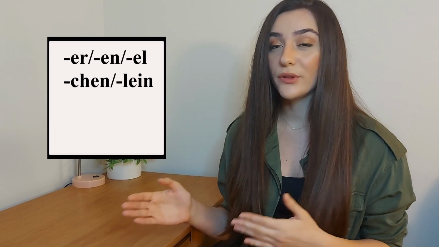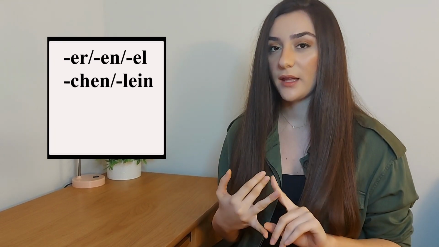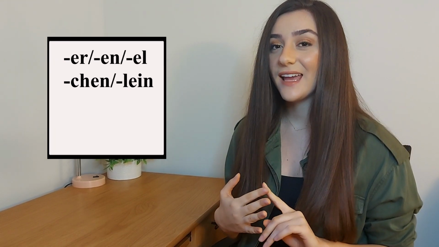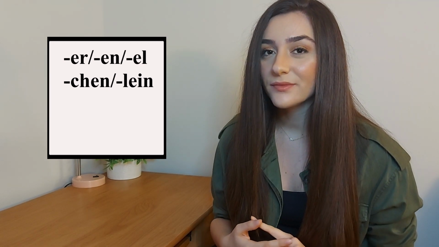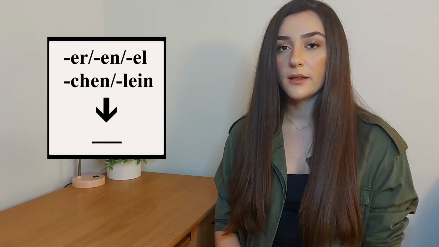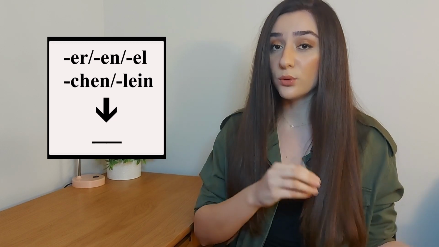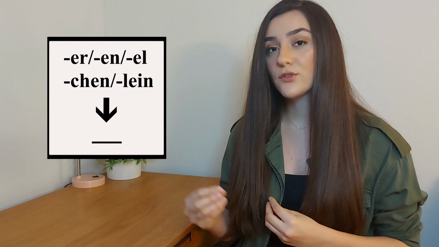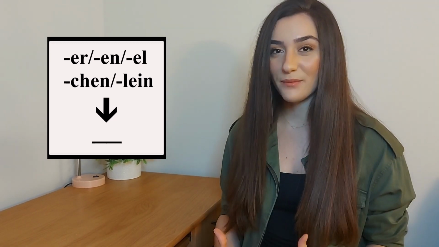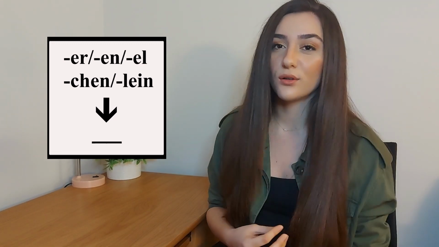So first rule, very easy. Masculine and neuter nouns with the endings er, en, el, chen, and lein get nothing. So this means that the plural form of these nouns will be the exact same as the singular form.